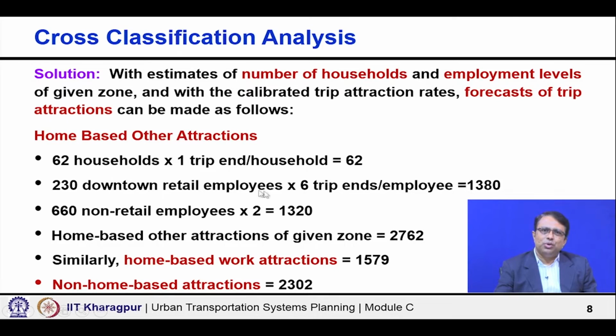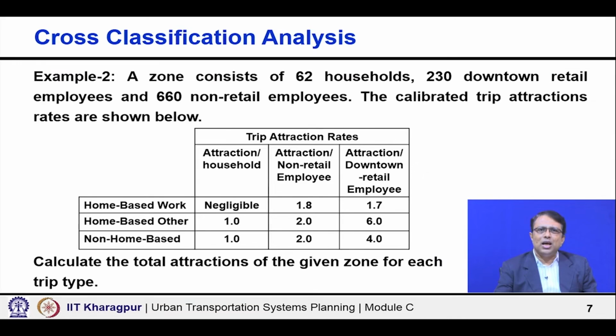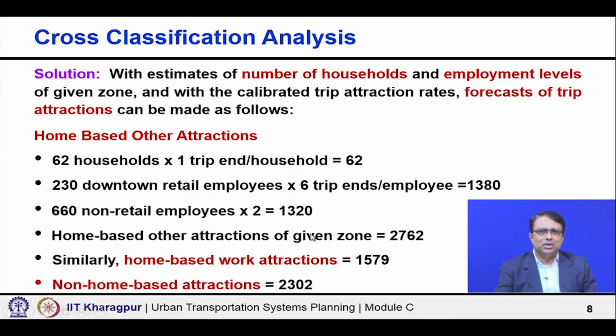So, following very similar calculations using these numbers 62, 230 and 660, but using the appropriate rates, we can find out also home based work and non home based trips. That is what we presented here.